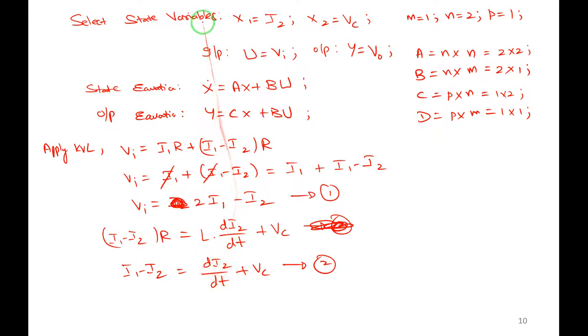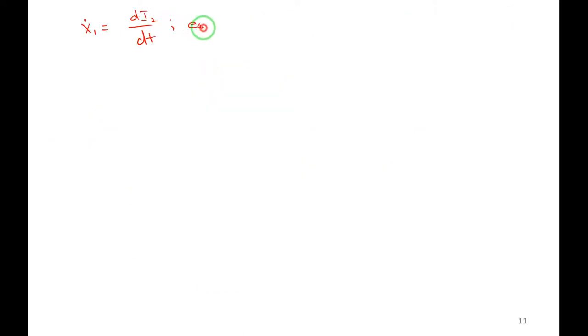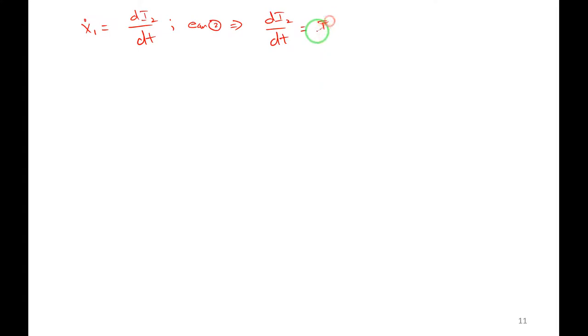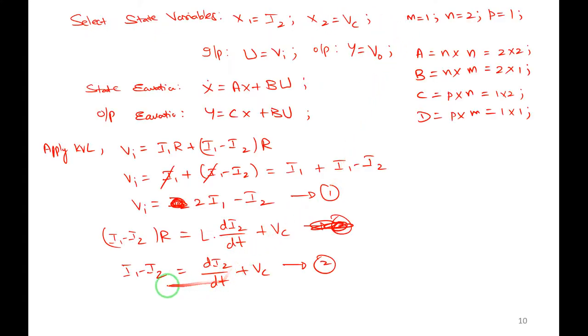So from equation 2 implies di2 by dt is equal to I1 minus I2 minus Vc. Is it fine? Correct? Okay, fine.